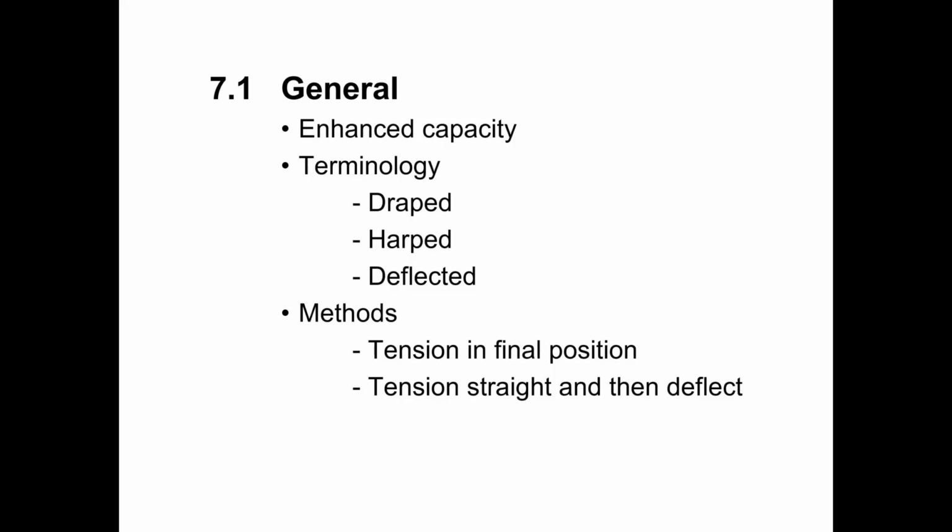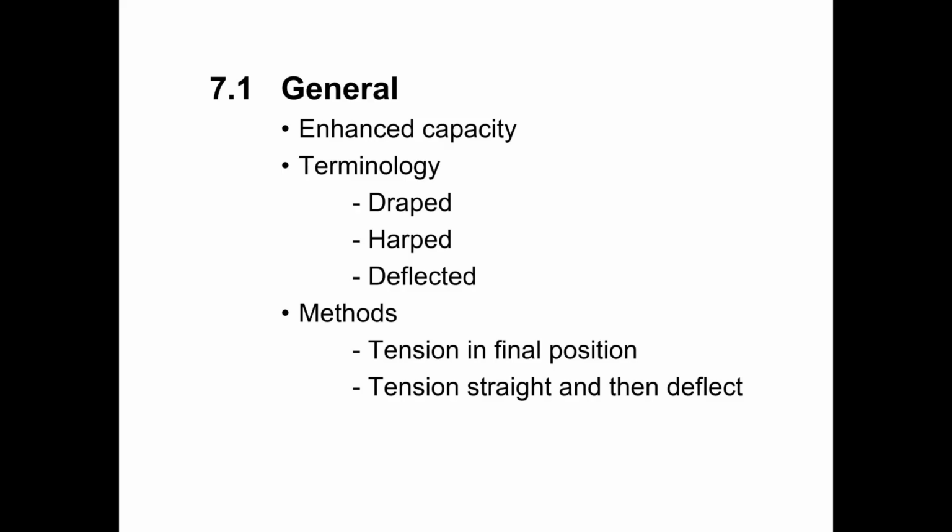The downside to this process is it does complicate our tensioning operation in that after we apply the force to the strand using our jack, we have to go back and then do a secondary procedure where we push the strands down into the draped position or pull them up into the draped position. All right, so it takes more time to do the tensioning, and there are some safety concerns that we have to make sure are addressed in that secondary procedure.